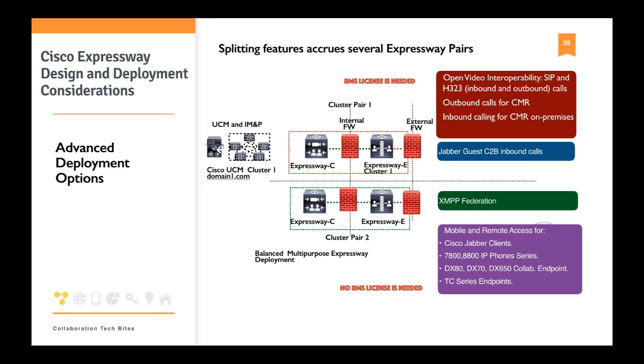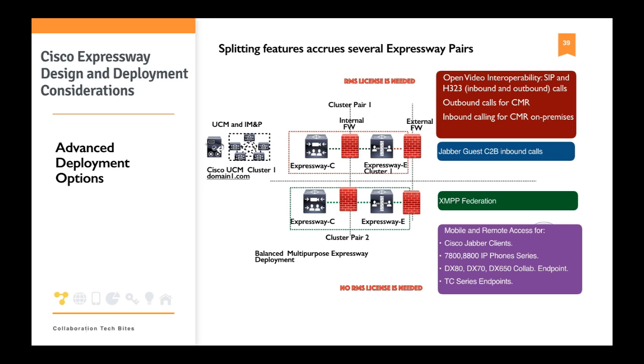So one pair you will deploy rich media service licenses. The other pair will not need any RMS because it's just dedicated for that. This will benefit you from the number of concurrent sessions, so you will not have a platform limitation of the number of concurrent sessions if you are mixing both in the same box.